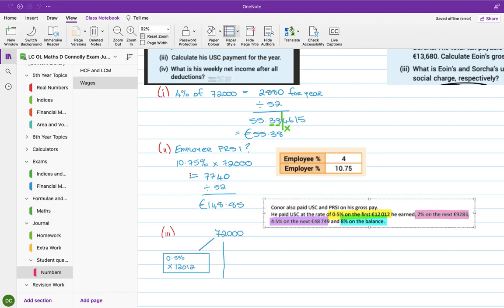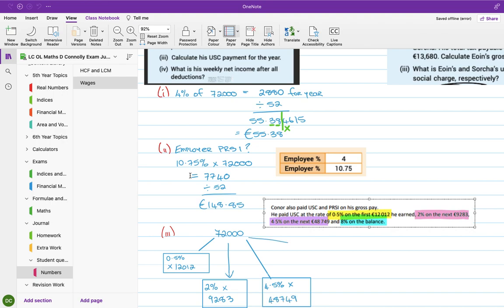Then 2% of 9283. The third one is, I don't know if we've enough for this one, but it's supposed to be 4.5% of 48749.